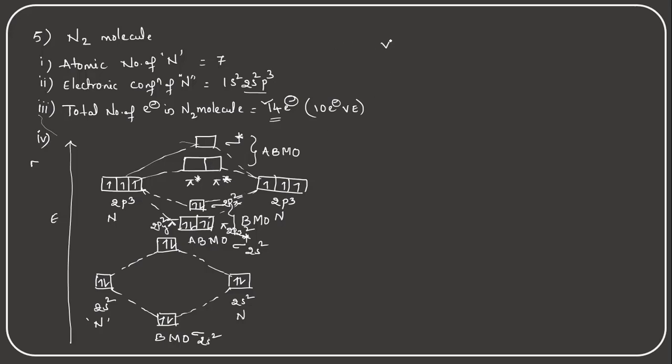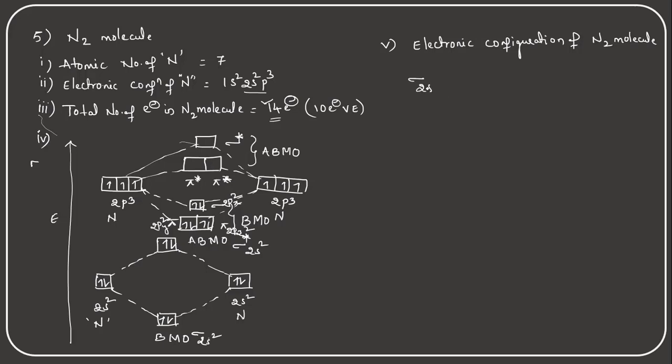And what will be the next point? The fifth point is the electronic configuration. So we need to write the electronic configuration of the N2 molecule. We have to write it in ascending order of energy.